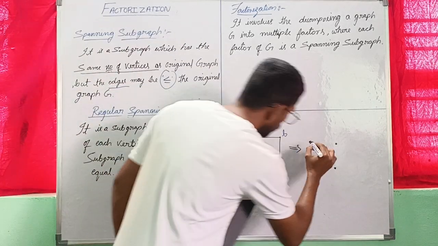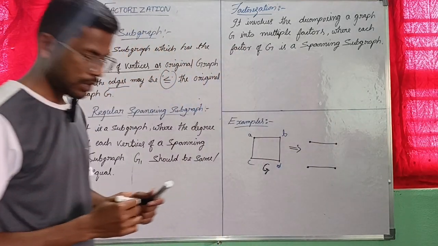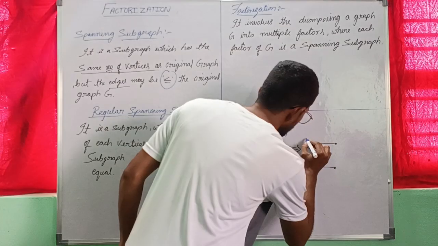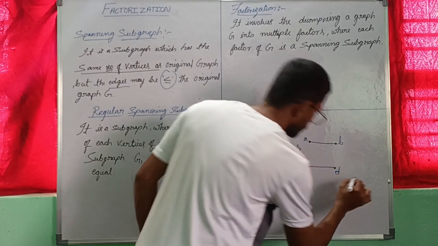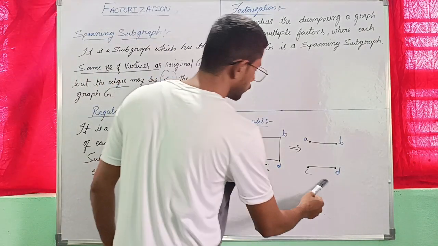I will draw two edges. I will name these vertices A, B, C, and D. This is the spanning subgraph of graph G.